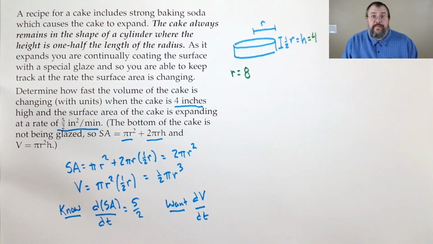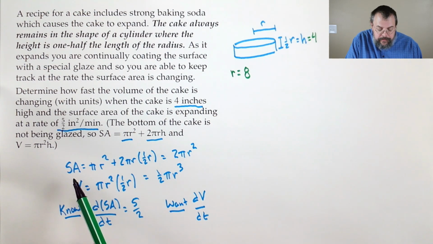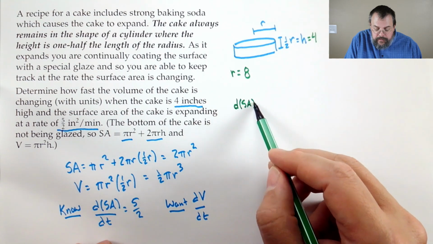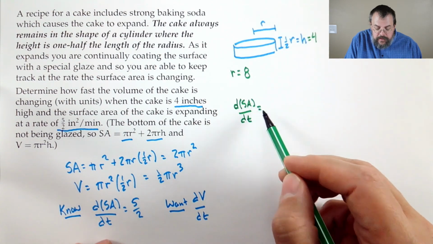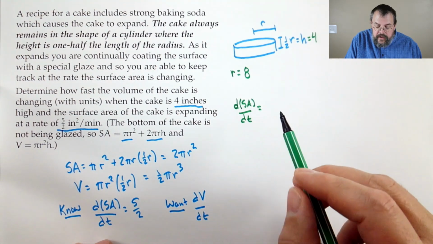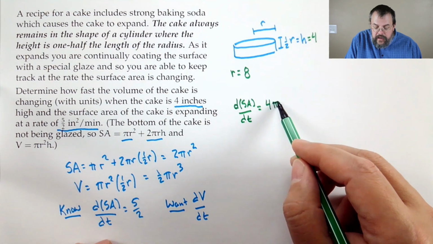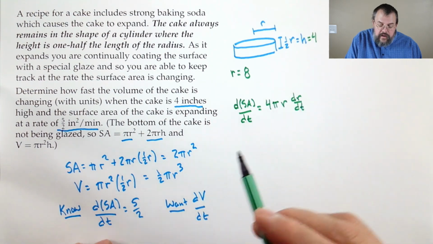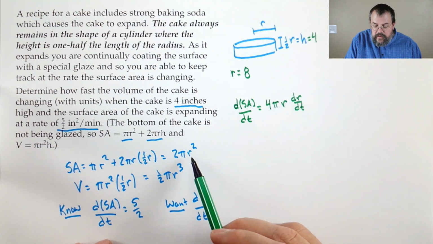Let's begin with our first equation, the surface area. The change in surface area with respect to time is equal to, taking the derivative, 4 pi times r times dr/dt, because the 2 comes down and then the chain rule.